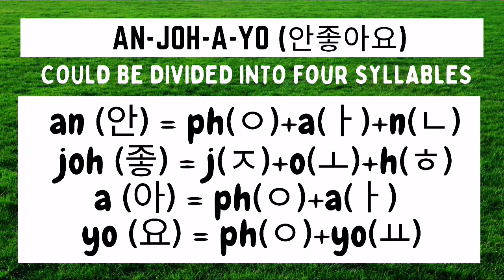For the third syllable a, we need to draw first a placeholder iyang, followed by an a character. And lastly, for the fourth syllable, we need to draw first an iyang character, which serves as a placeholder, and a yo character. And then we just have to combine the Hangul for each of these syllables to form the Hangul of the word anjoyo. And that's it, how you write anjoyo in Hangul.